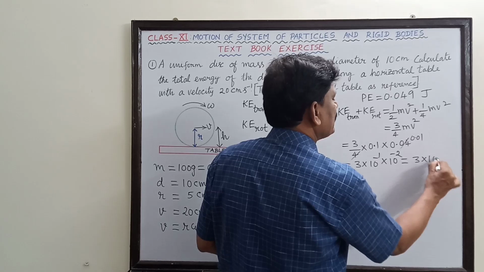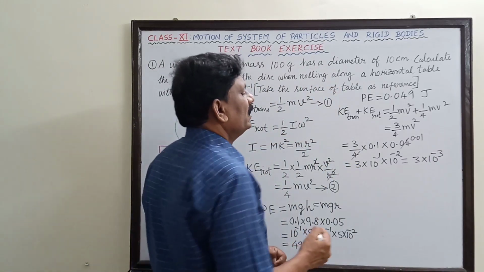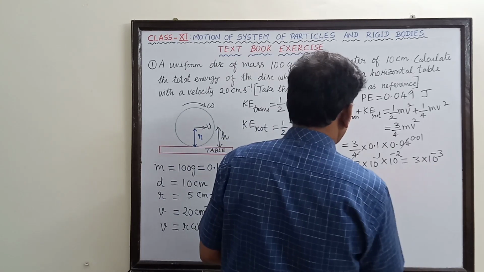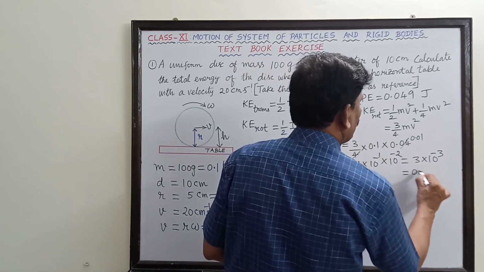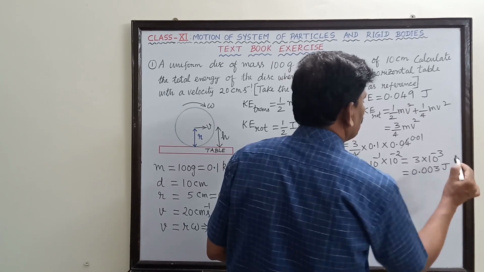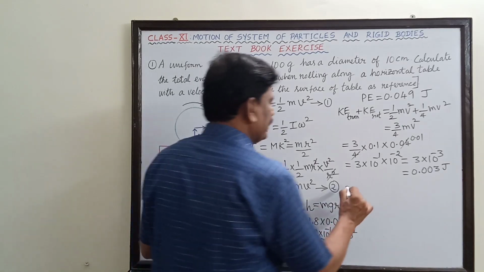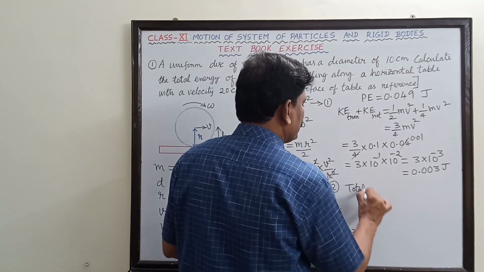So totally this is 3 into 10 power minus 3. So this is equal to 0.003 joule.